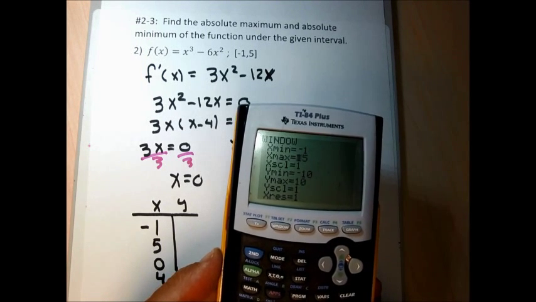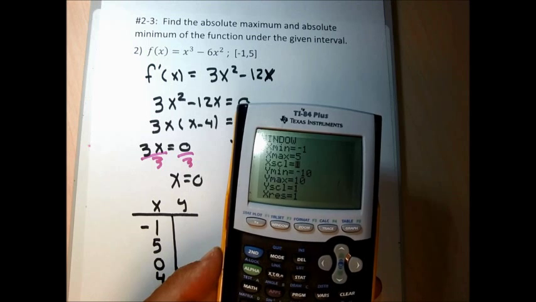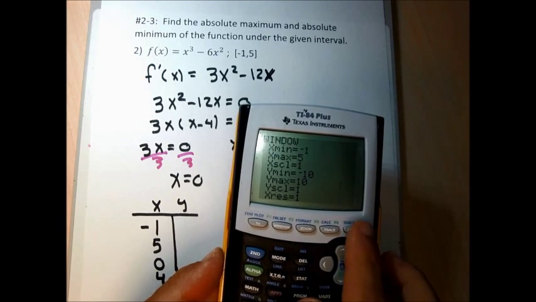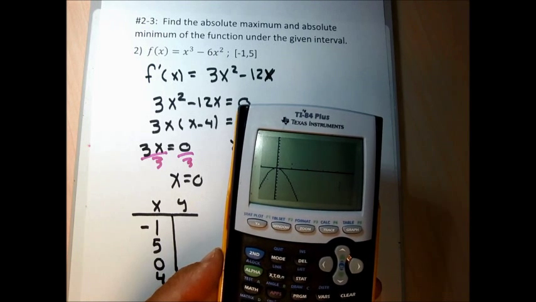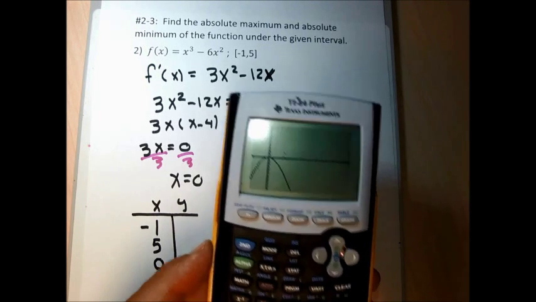So I want my window to go between x equal negative 1 and x equal to 5. I don't absolutely have to see my graph, but I think I don't see everything here. I'm going to get my y values, and then maybe I'll tweak my window.